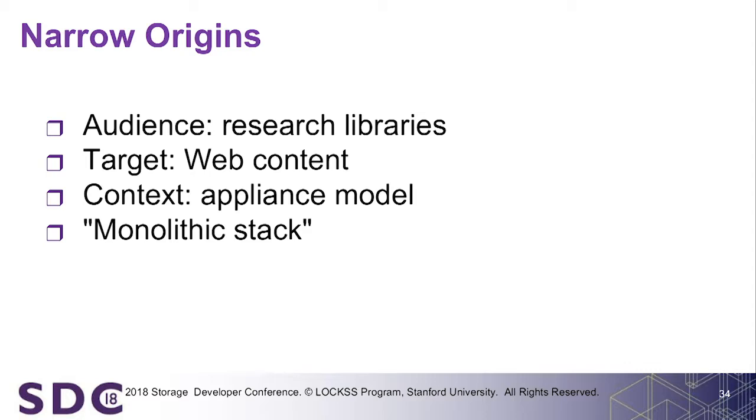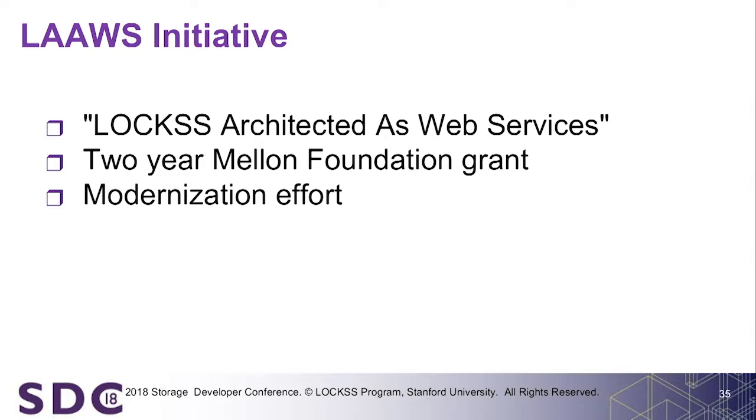Of course, as more use cases developed and more people became interested in the LCAP protocol, but not in all of the bibliographic data that surrounds libraries, we made it a priority to engage in a new initiative to modernize our software, first of all, and to also unlock the LCAP protocol from this monolithic stack so that it can be embedded into other systems without you inheriting the entirety of the system and having to preserve that piece of content through the entire stack of LOCKSS.